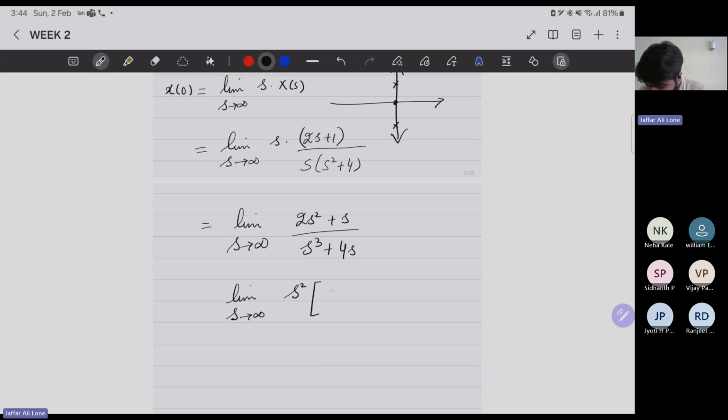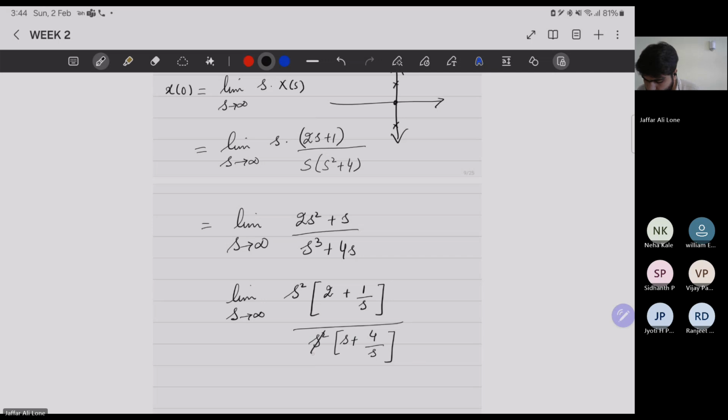Then we get 2 plus 1 over s in the numerator, and in the denominator s plus 4 over s.